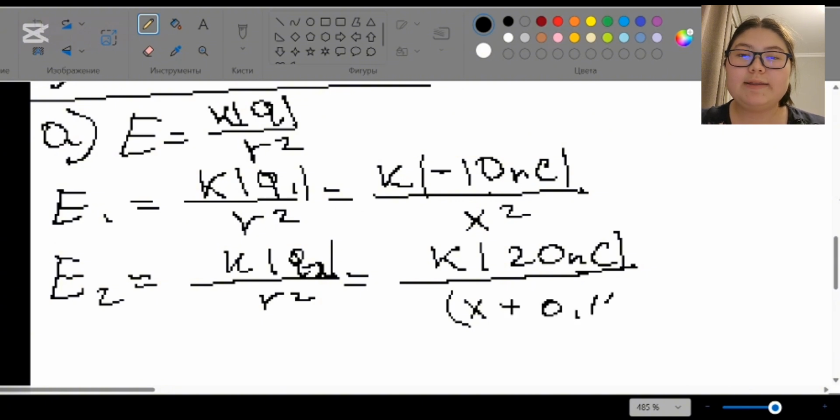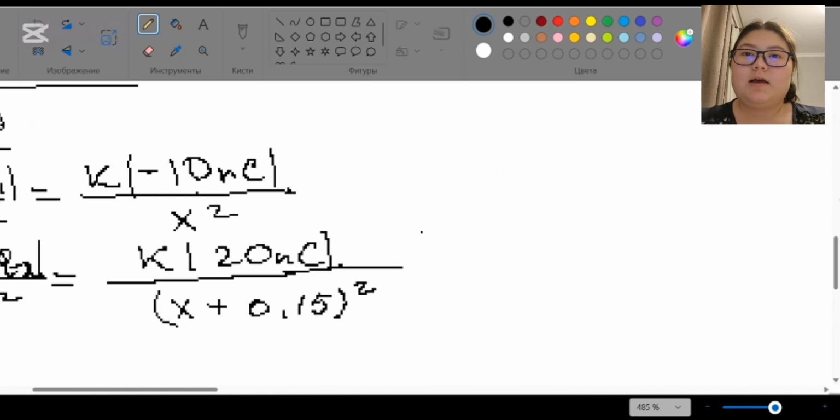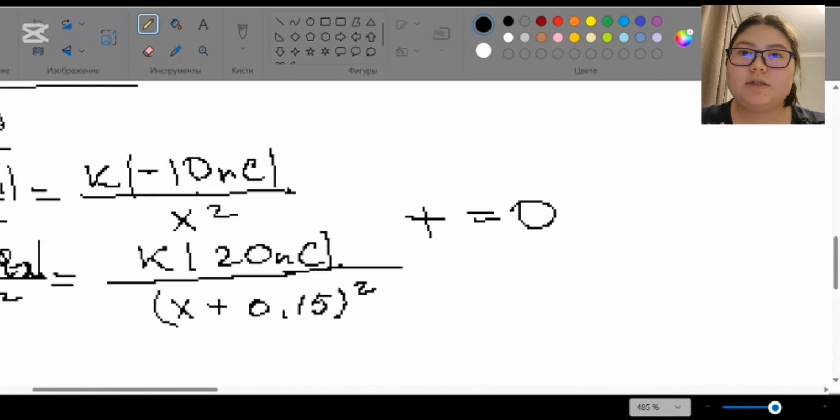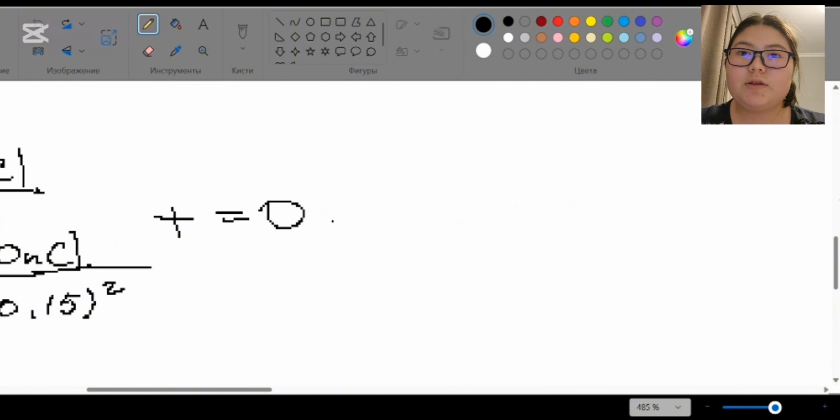Here we have to find x. X is the distance to the left of Q1. We know that their addition is equal to 0, so it means that they are the same because their magnitudes are the same and their directions are opposite.